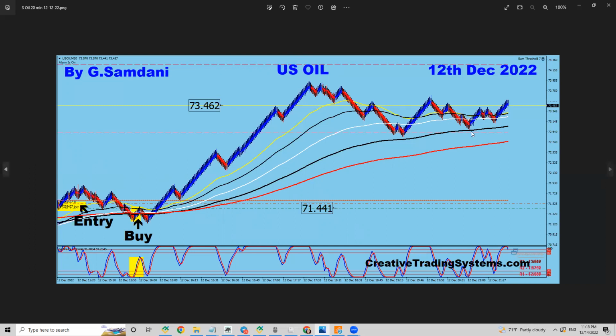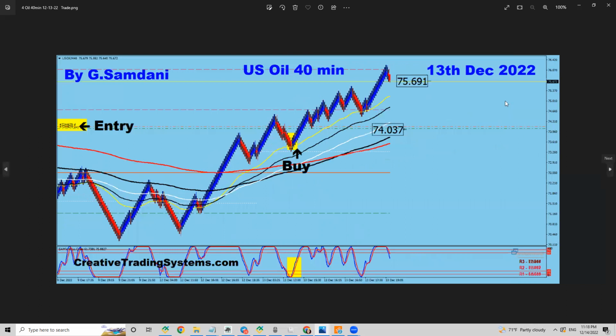So this one started to drop, and then on the 13th, I found on the 40-minute chart, well, see, this was the first one from the 20-minute chart, then a dip, and this is the entry on the 40-minute chart, different box size, the bigger chart, and it went up all the way from 74 to 75.69.